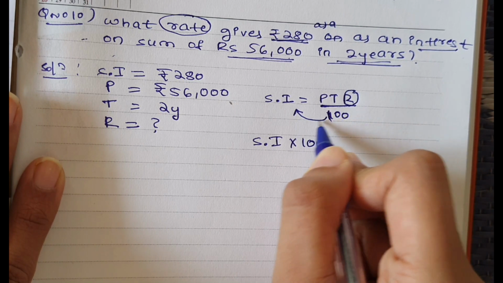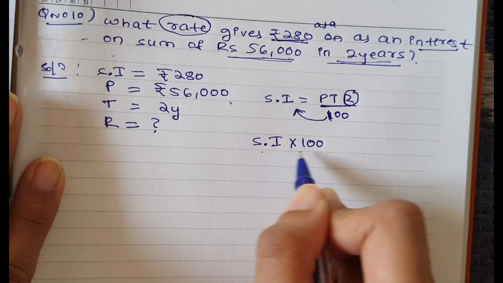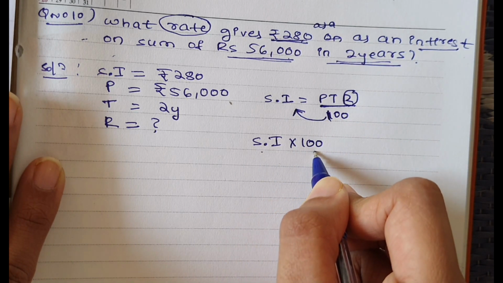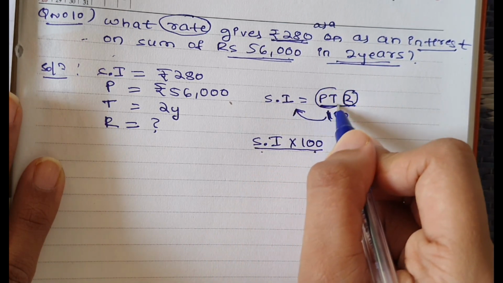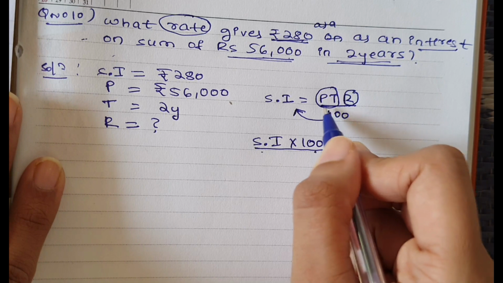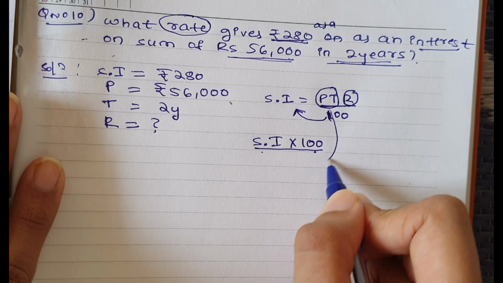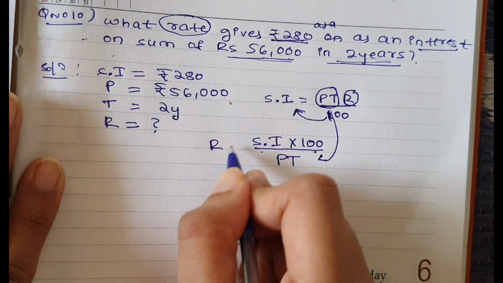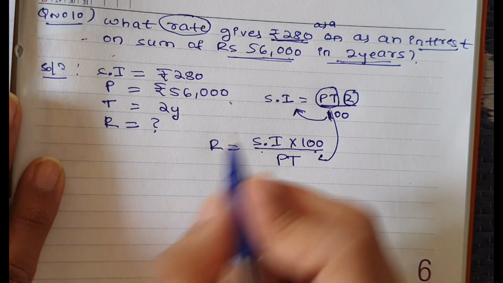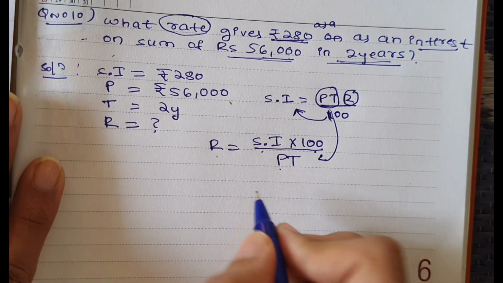If I move this 100 from RHS to LHS, this will become multiplication mode. So simple interest will be multiplied with 100. Now, PT is in multiplication mode. If I move this PT from RHS to LHS, this will become division mode, equal to R. So R equals simple interest into 100 divided by PT.